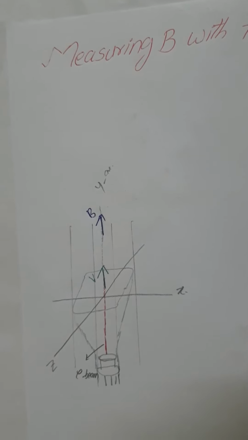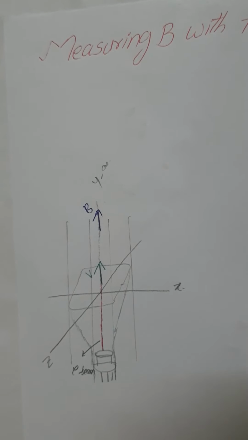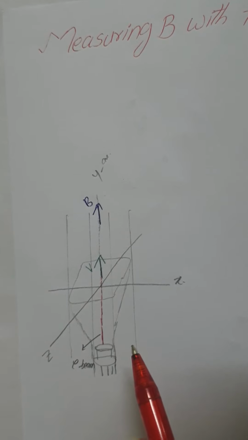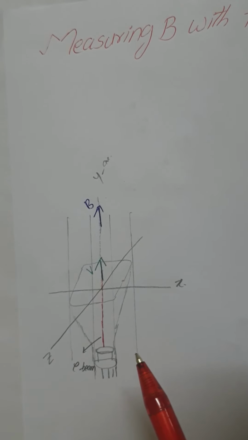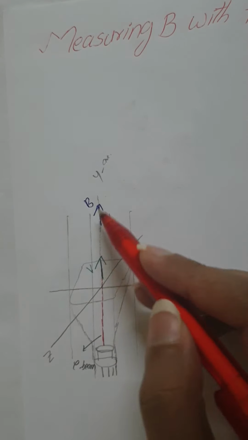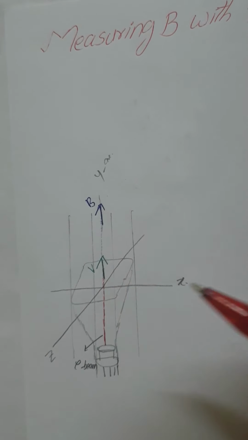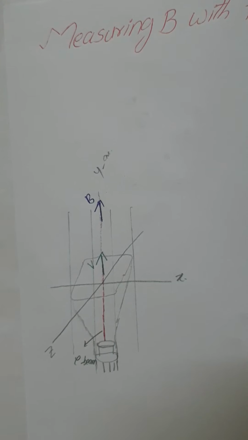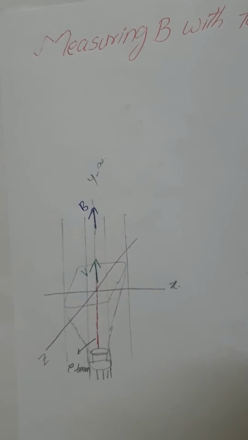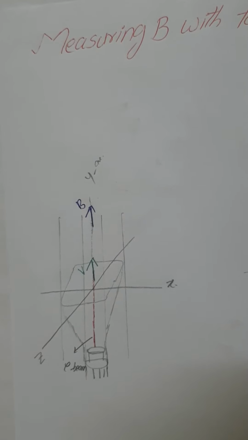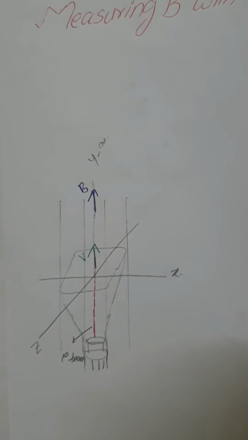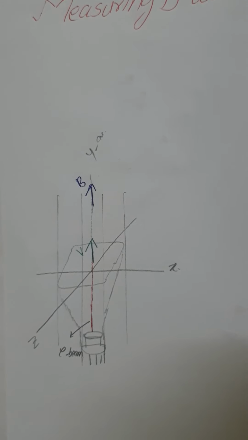But if the beam is parallel or anti-parallel to the field, then phi is 0 or pi, 180 degrees, and the force is 0. There is no force and hence no deflection, like in this case. If we find that the electron beam is not deflected when its direction is parallel to a certain axis, then the magnetic field vector must point either up or down along that axis.